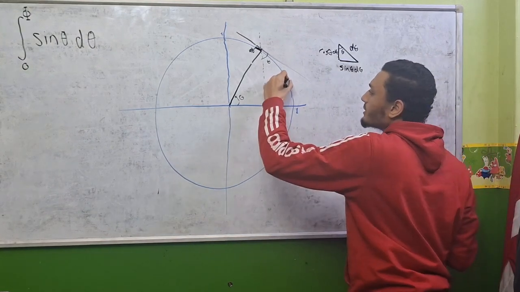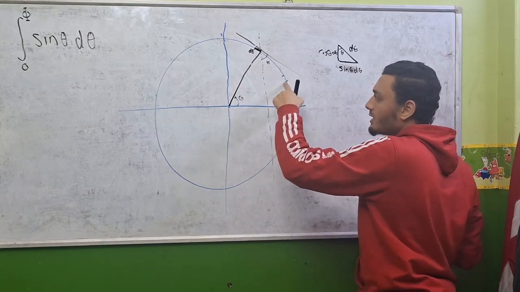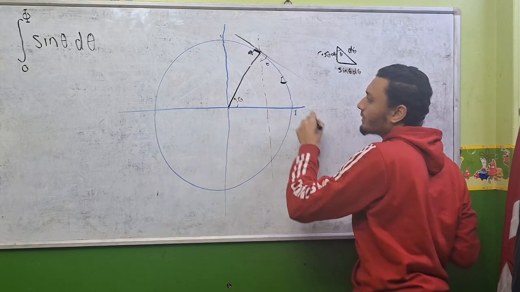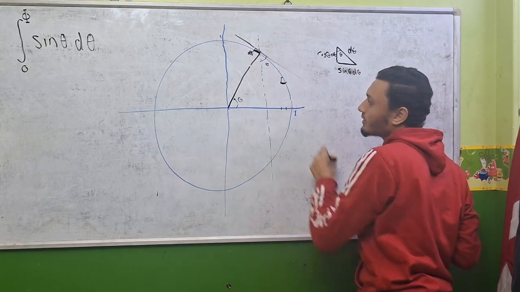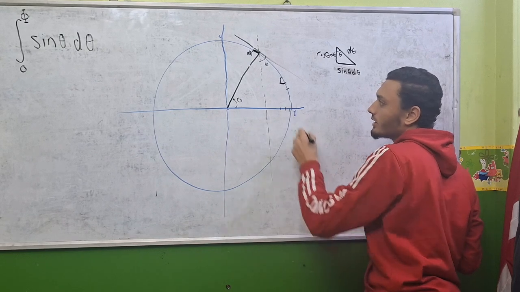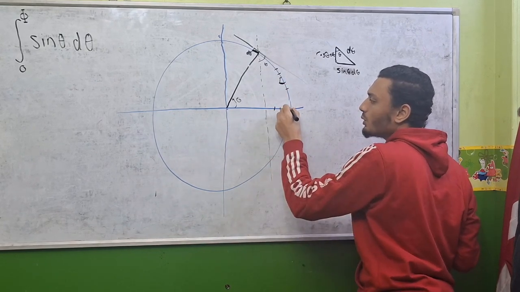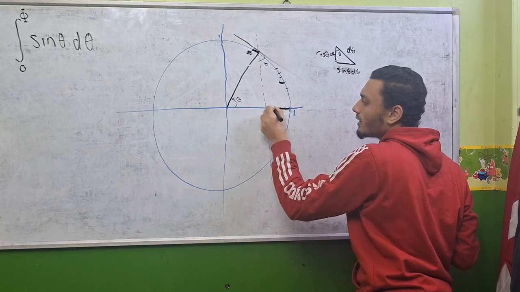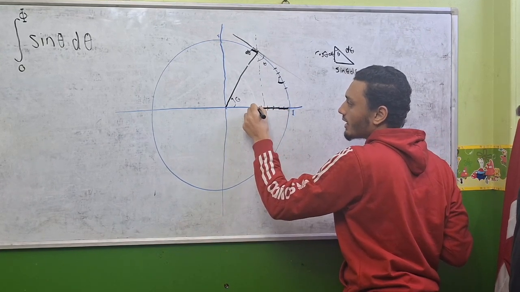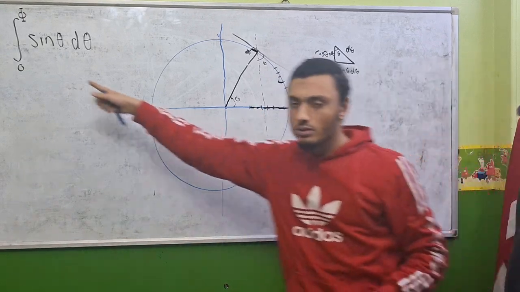So there is a very, very small segment arc here, and this arc has a very, very small projection here, which is actually here. And this arc has one here, and this arc has one here, and so on. These infinitesimal parts add up to this integral.